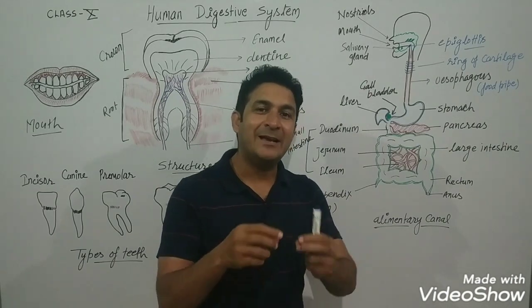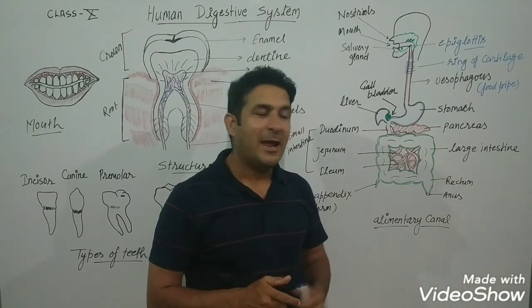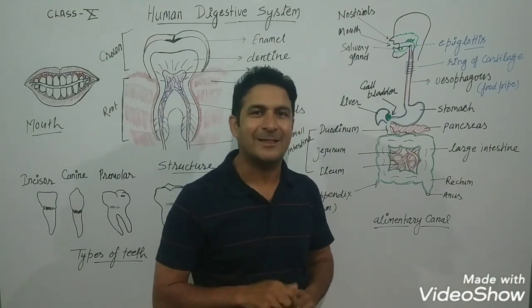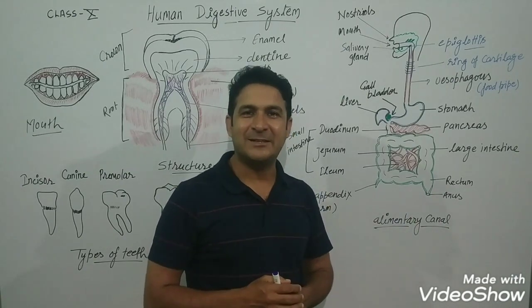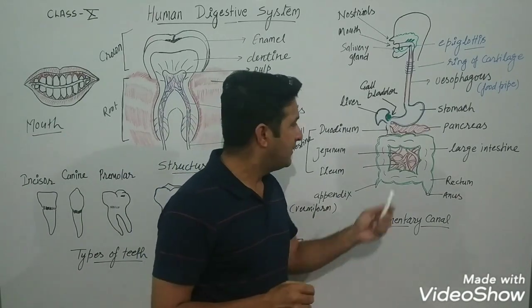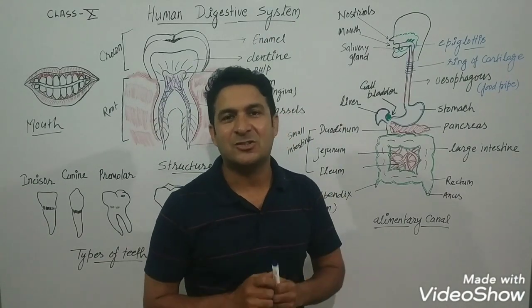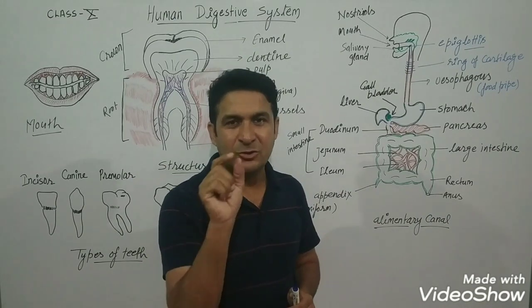The small intestine is long, and the large intestine is shorter than the small intestine in length. It is only 1.5 meters, but still it is called the large intestine. So children, the logic behind it: the large intestine's diameter is larger than the small intestine's, and the small intestine's diameter is smaller than it.